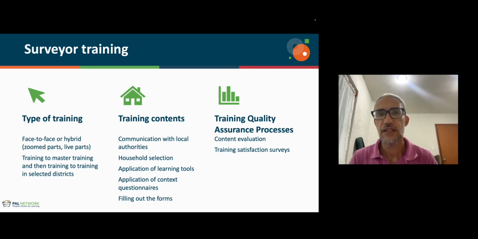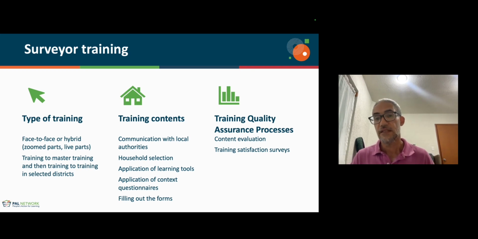The second decision is to understand the training content. The content of these trainings is related to communication with local authorities, household selection, application of learning tools, application of context questionnaires, and filling out the forms.